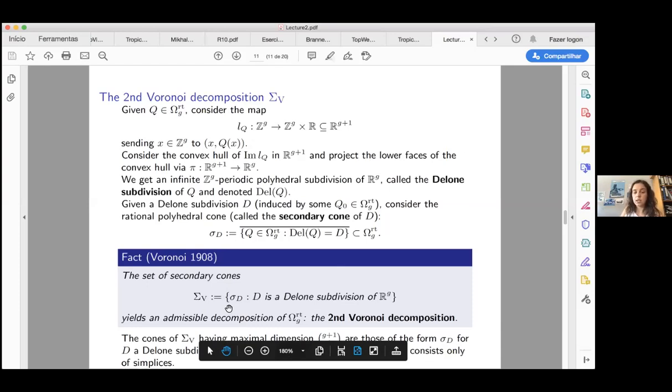So this is called the second Voronoi decomposition.